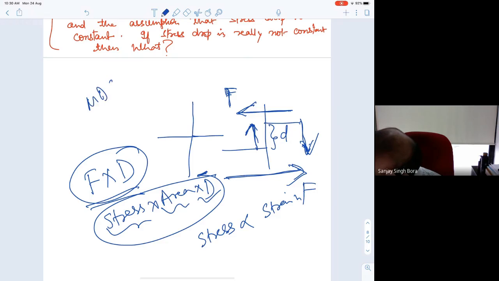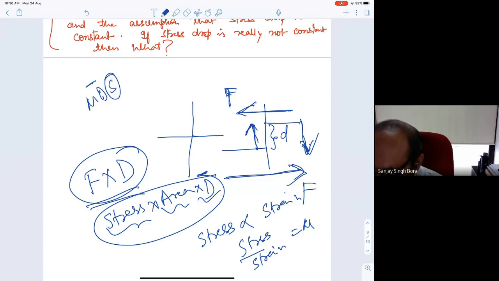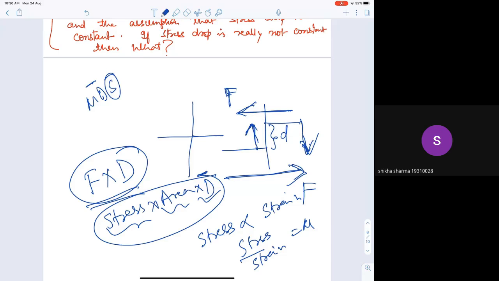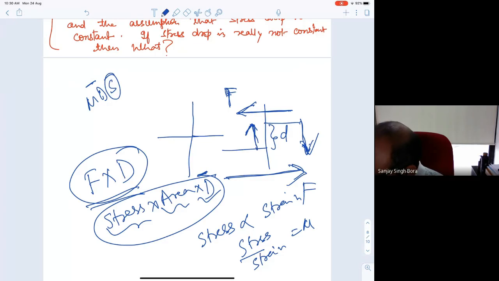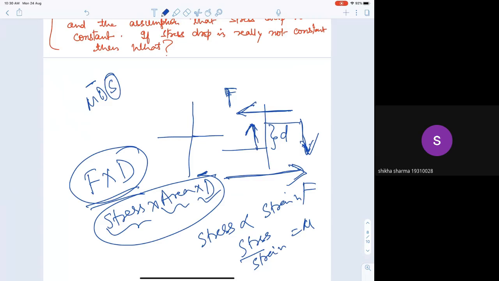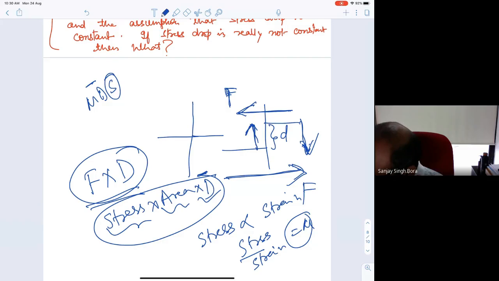This is area, this is your strain. Stress divided by strain is mu essentially, or is it the other way around? Strain divided by stress or stress divided by strain? Shear stress divided by shear strain. Yeah, we are talking about modulus of rigidity. So shear stress by strain is mu.